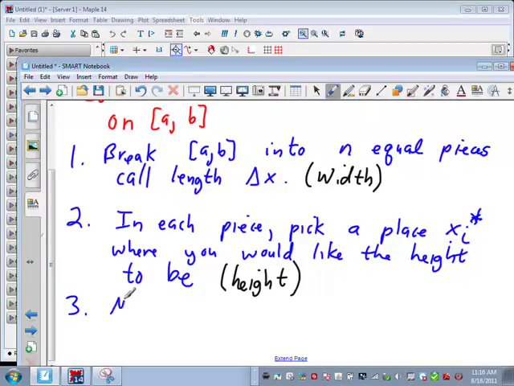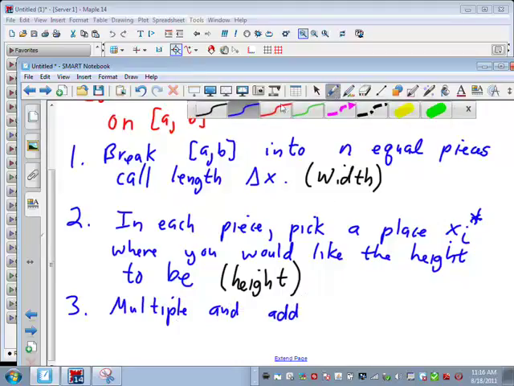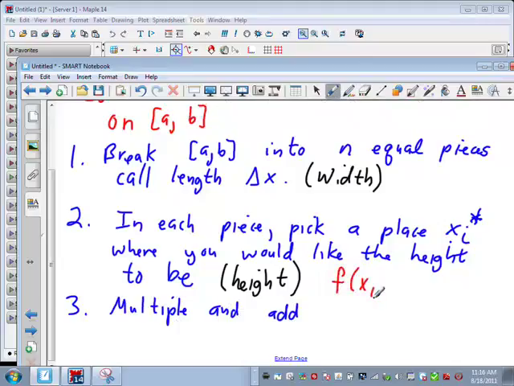So multiply and add. The height is f of whatever place you pick. That's the height. Delta x is the width.